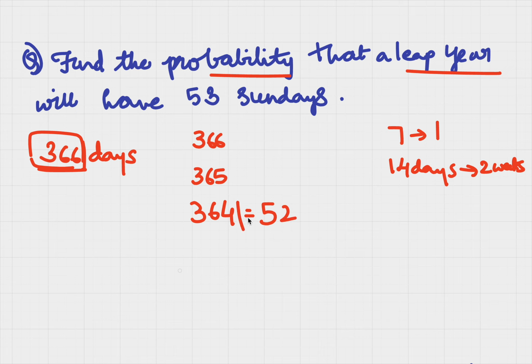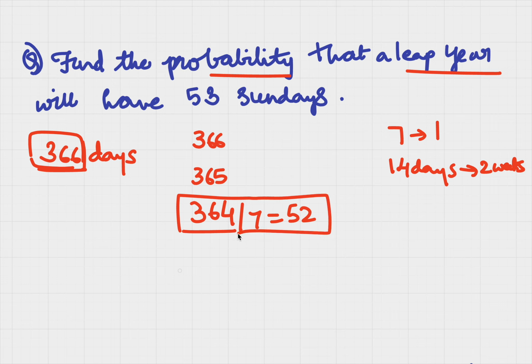When you divide by 7, we get 52. So 364 is a multiple of 7. Now, why do I need a multiple of 7? So now I can say that 52 weeks are there and 2 extra days are there in these 366 days.